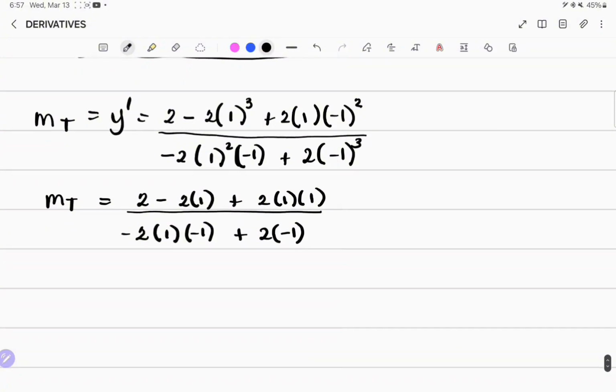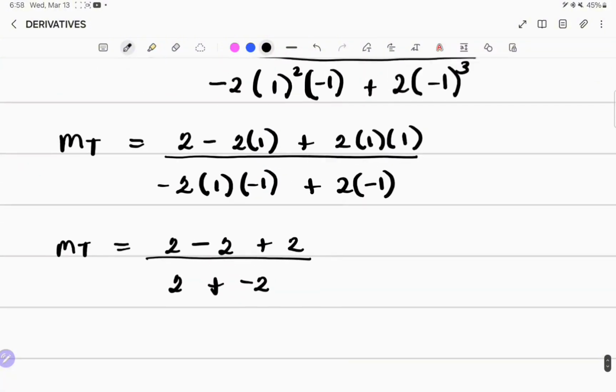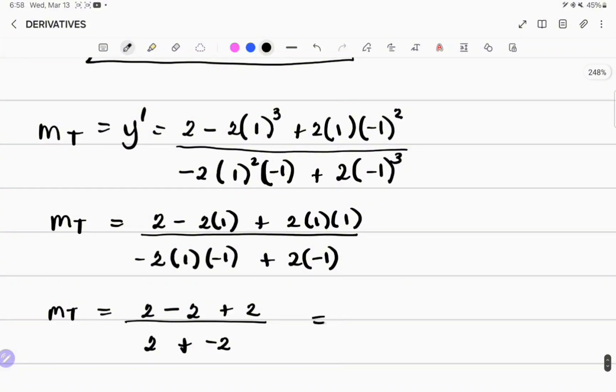We have 2 minus 2 plus 2 over, that's positive 2. Negative 2 times 1 is negative 2, times negative 1 is positive 2, plus negative 2. And so we simplify this. This is 0. We have the numerator equal to 2 and the denominator equal to 0.